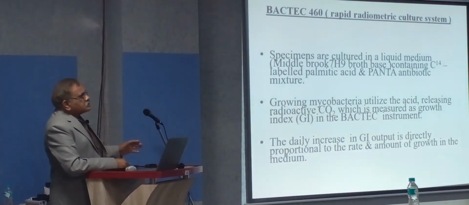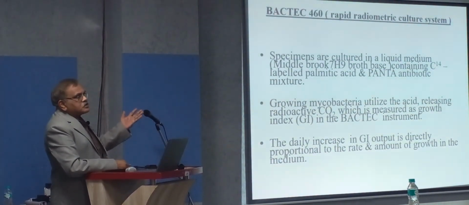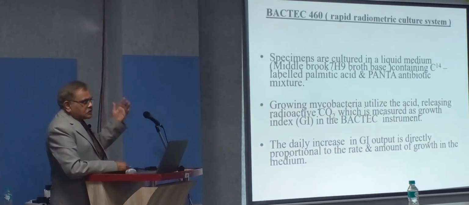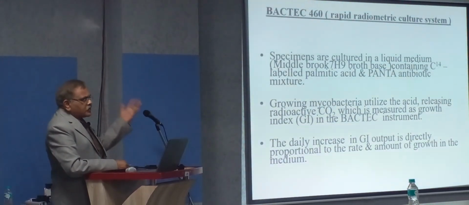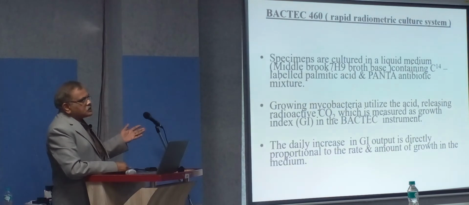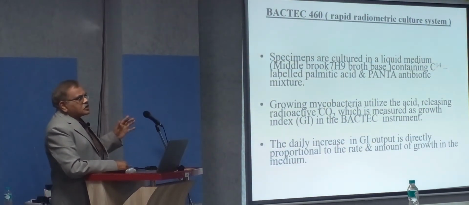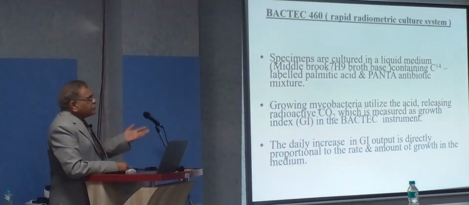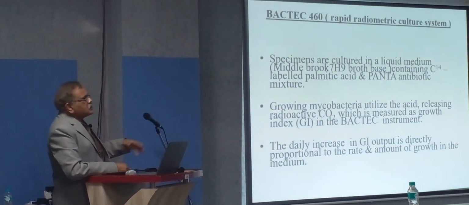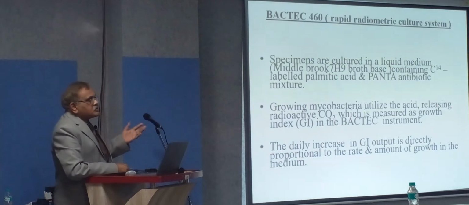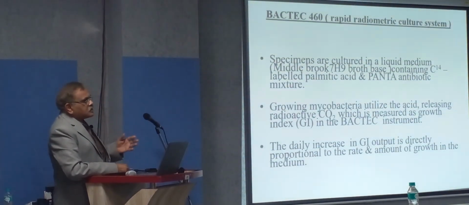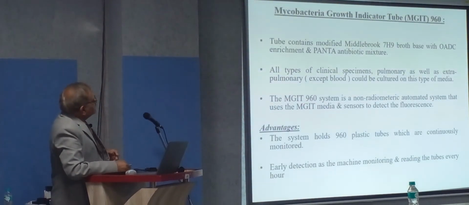Now this method was used for some time, a few years back. It is liquid culture media, a liquid broth was used, and it was a radiometric method. The radiometric method used to be harmful for lab technicians. So the Bactec 960 method, which is also known as the MGIT method, was developed.